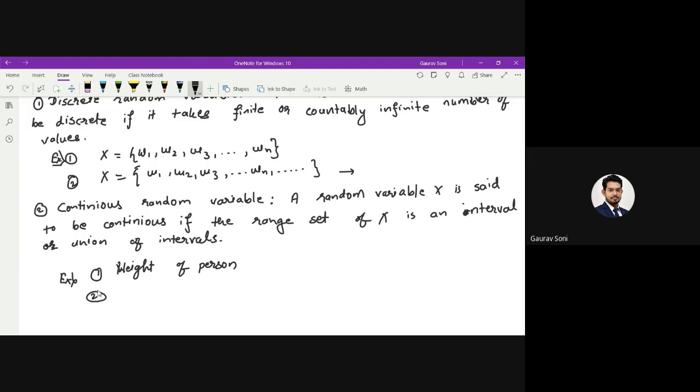Second, any other example? Don't say height, go to some other domain. Income of a person, working in a company. But that can be countably infinite, right?